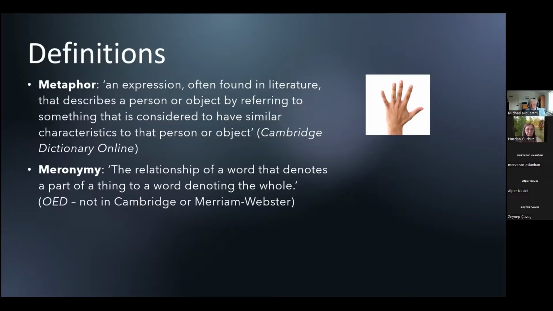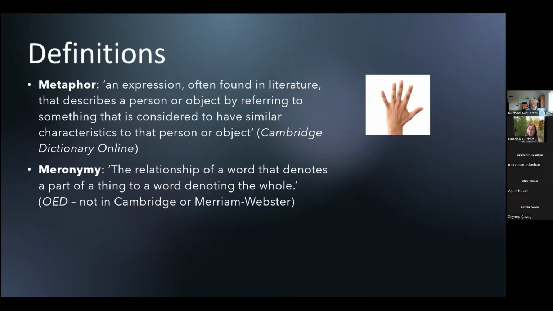So you could say 2 major dictionaries do not even bother to mention this word. The OED, the Oxford English Dictionary, does have it, and that's where this definition came from. So in other words, you have to go to a very big dictionary to find a definition of this word if you are an ordinary member of the public who might come across the word.